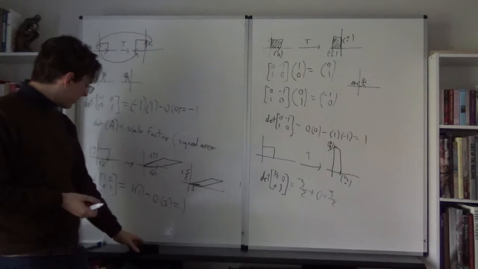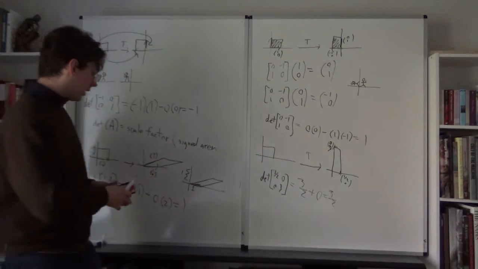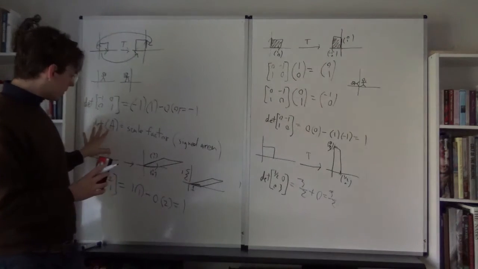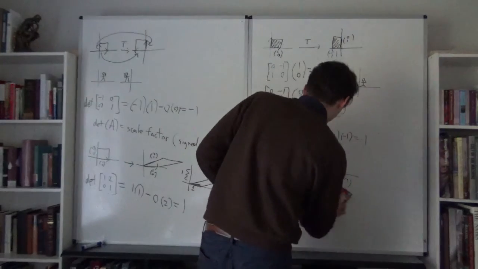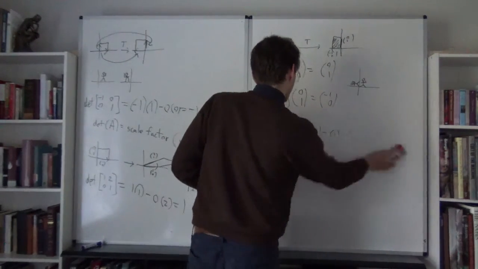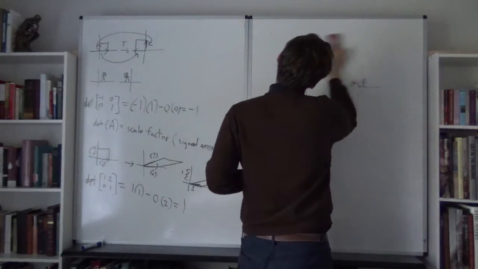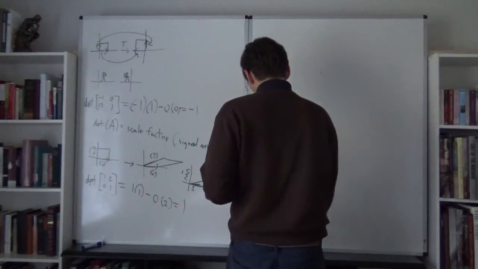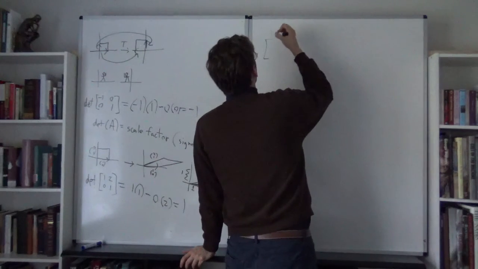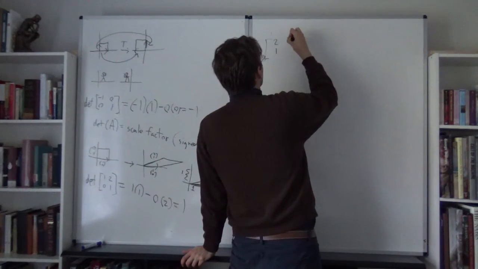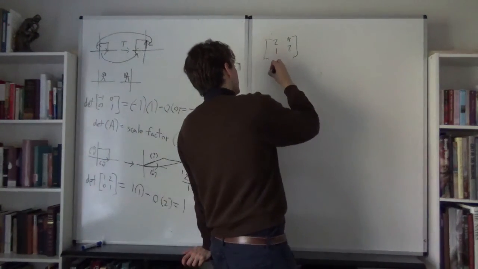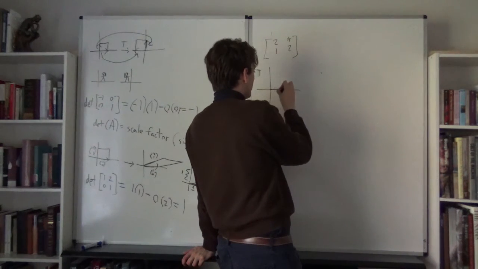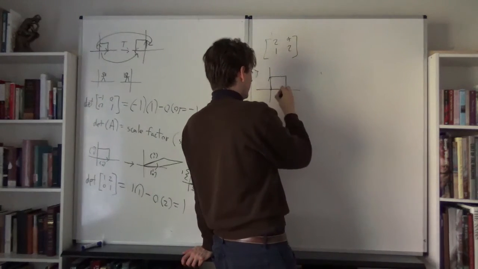Now we have this understanding of what the determinant is. Let's look at one other example just so we're clear. All right? Let's say I had a different transformation than all of these guys right here. Let's say I had this guy: 2, 1, 4, 2. Okay? Let's look at what he does. So, alright, let's graph this out. Start off with, let's try and send this square. Okay? So what happens to 1, 0?